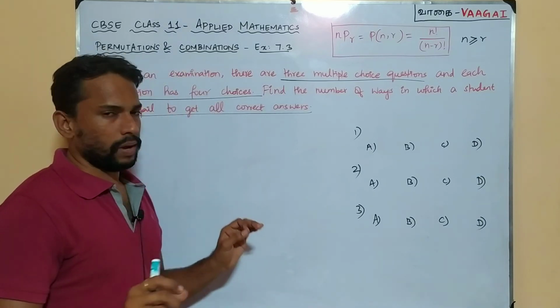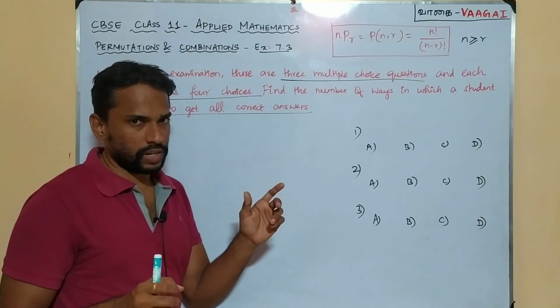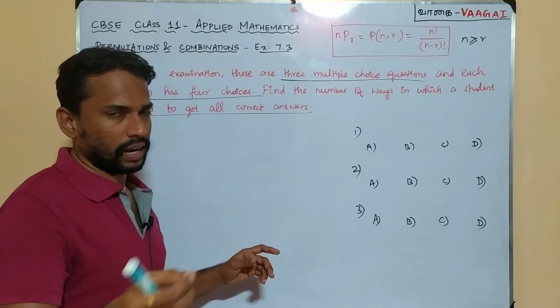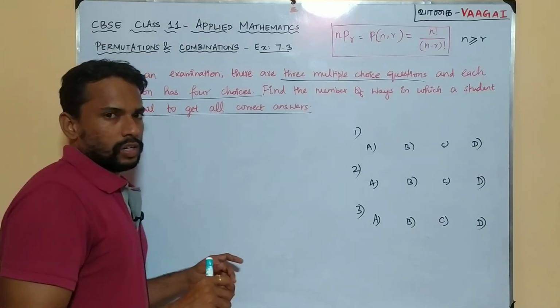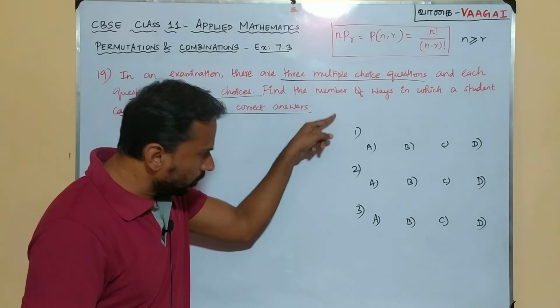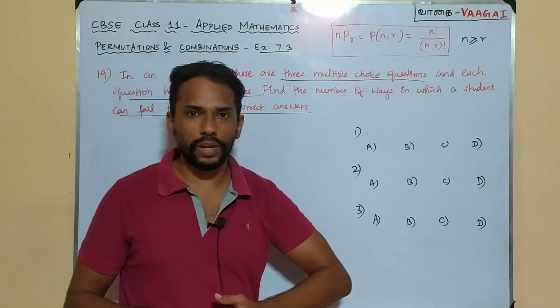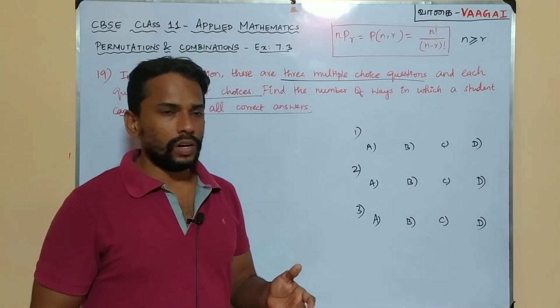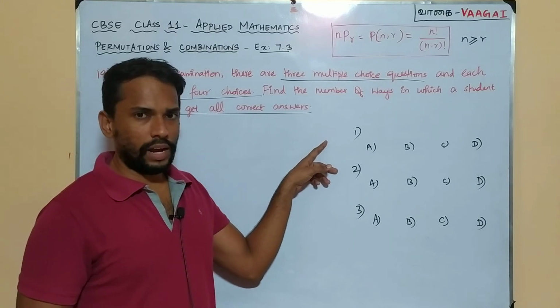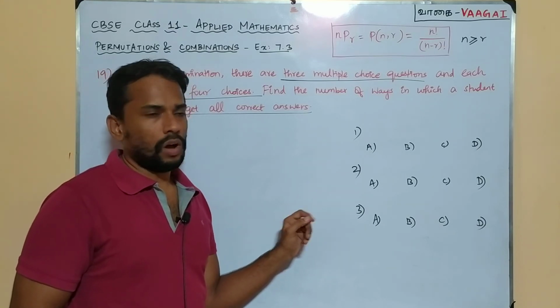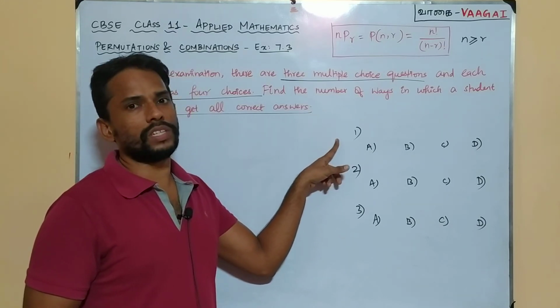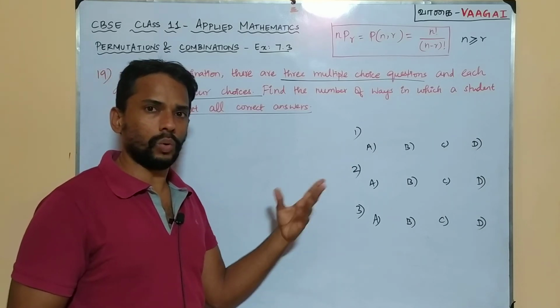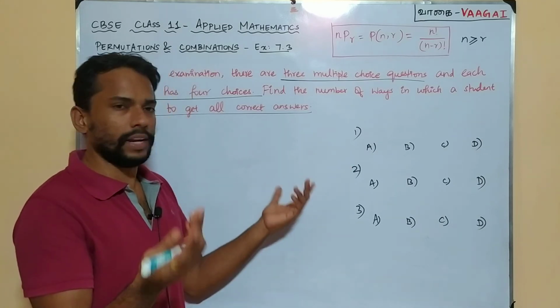So if at all I want to make it in clear words, this is what I can tell. Let me repeat it again for clarity. The student should not attend all the 3 questions correctly. That means what is the meaning? He can give 2 questions correctly and he can leave 1 wrong. Or he can give only 1 question correctly and he can attend the other 2 wrong. The other 2 means it can be any 2.